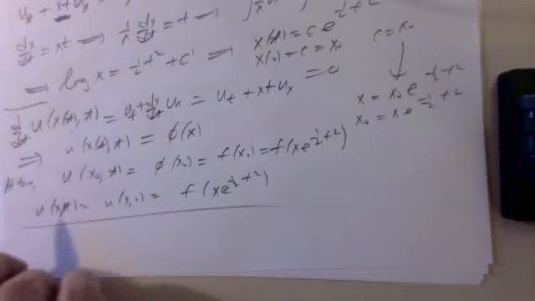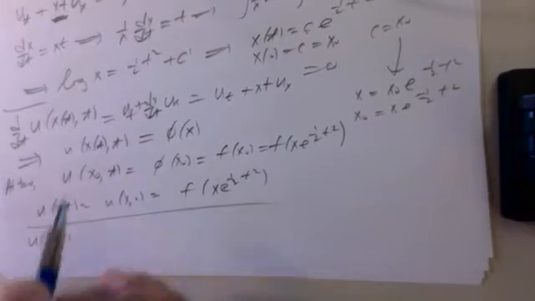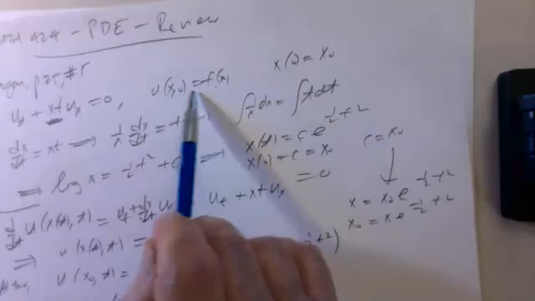So let's just take a look at this. If I take u of x,t, so f is some function. It's just the initial value condition. We don't know what f is. It's just some function of x.